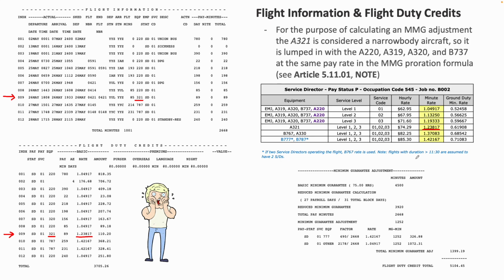But when we factor in all of the minutes that we have flown to determine our ratio of flying, the 321 does not get its own line within the minimum guarantee adjustment table. It is lumped in the other category along with everything else.